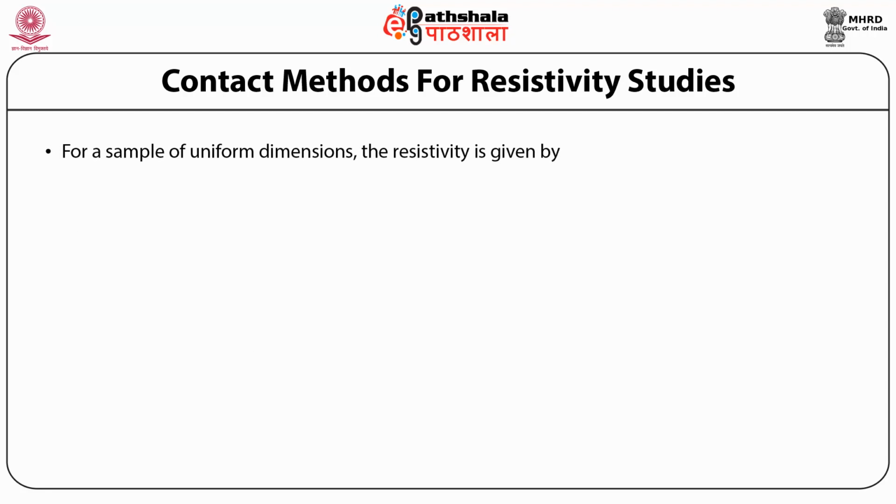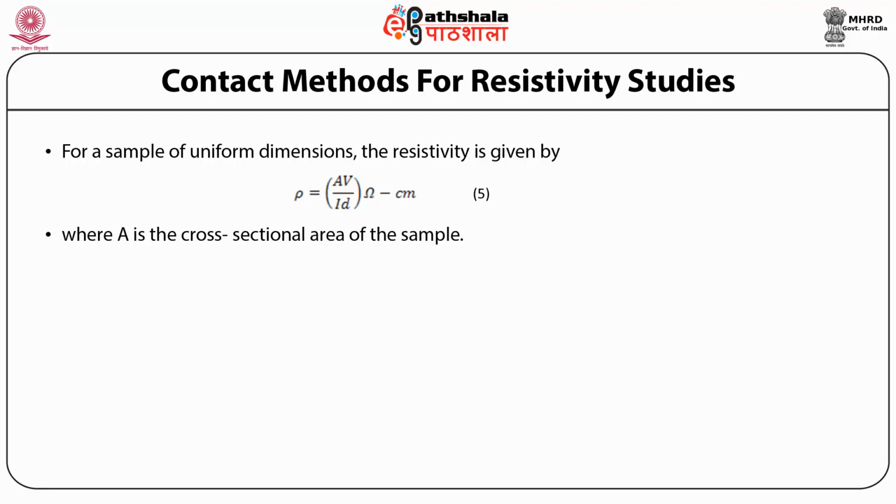For a sample of uniform dimensions, the resistivity is given by rho equals A times V divided by I times d, with the units of ohm centimeter, where A is the cross-sectional area of the sample.